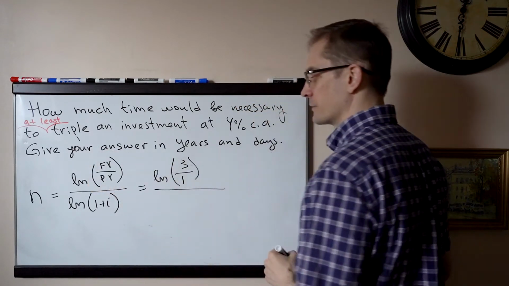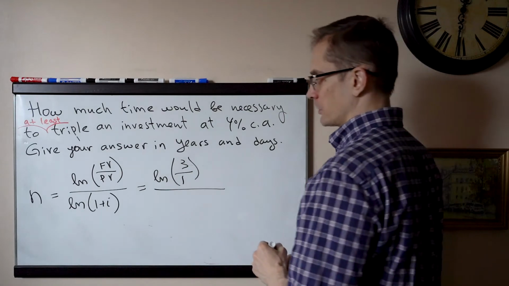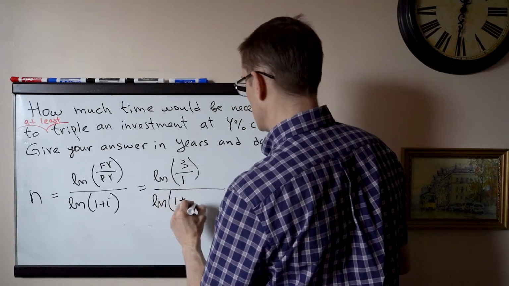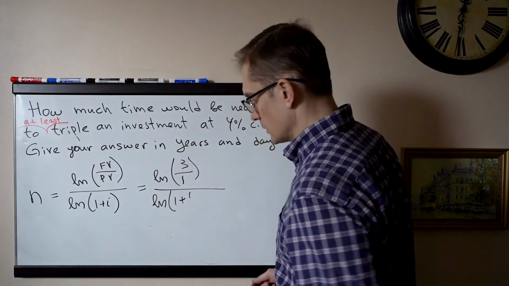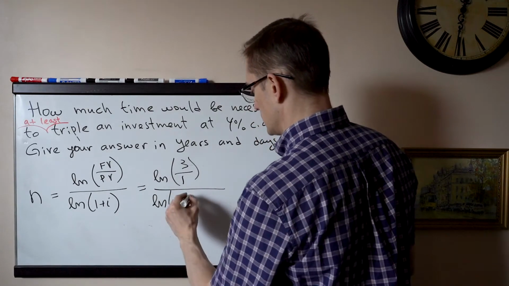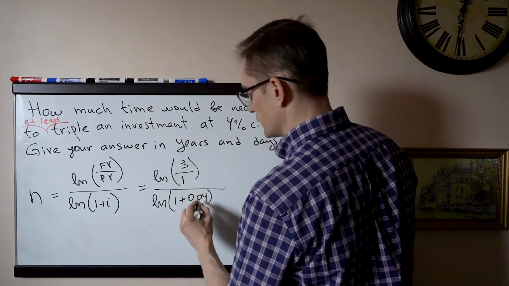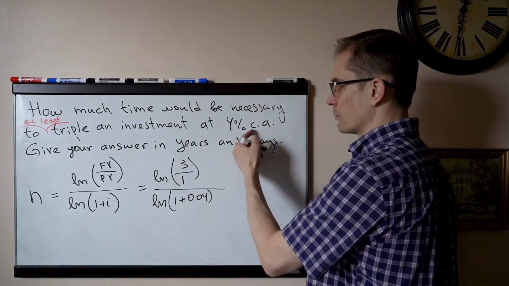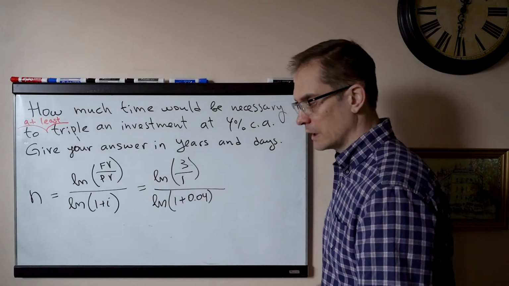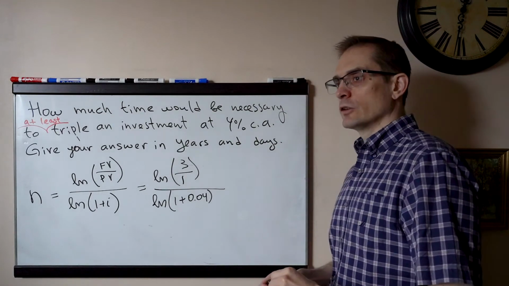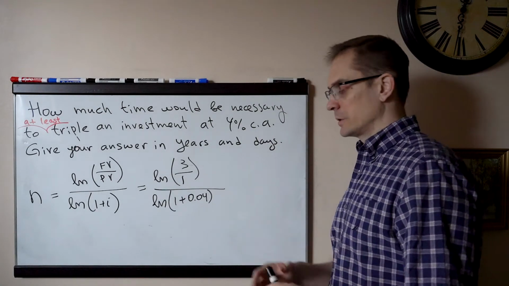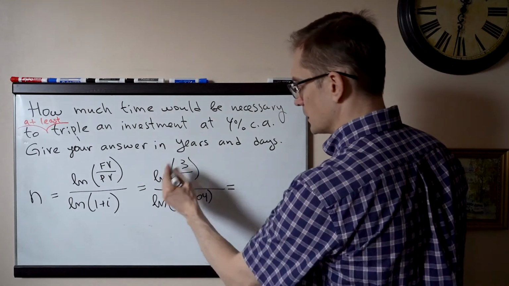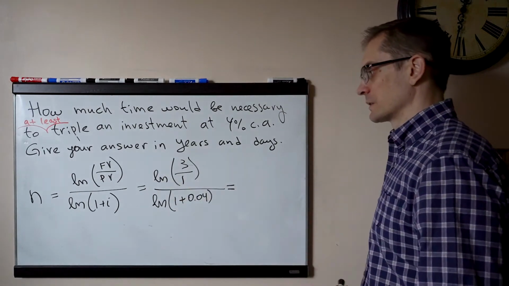So future value is 3 because $1 becomes $3, and logarithm of 1 plus 0.04. I don't have to divide this 0.04 by anything because that's a compounded annually rate, and in a compounded annually rate, the nominal rate and periodic rate coincide. So we will now find the number of years directly.